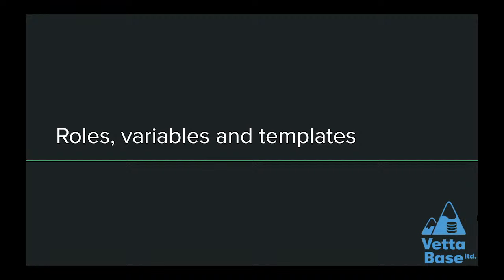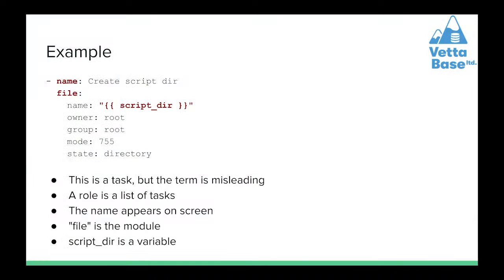So let's talk about some other very important components of Ansible, which are roles, variables, and templates. Okay, so what you see in this example is the simplest building block of an Ansible playbook or role. It is called a task.